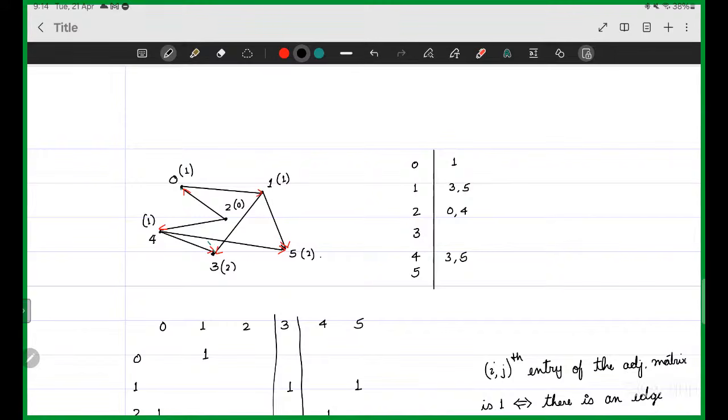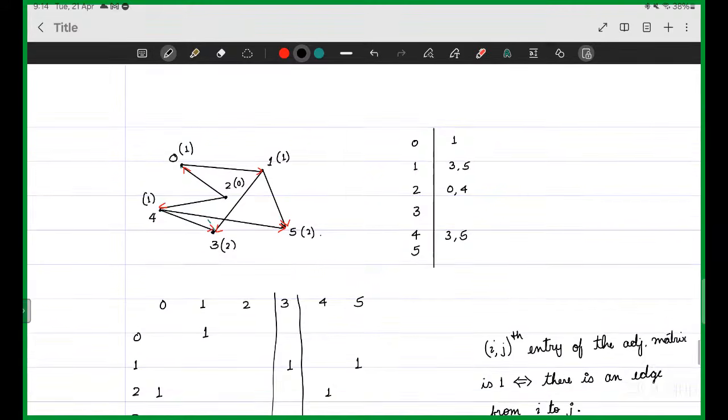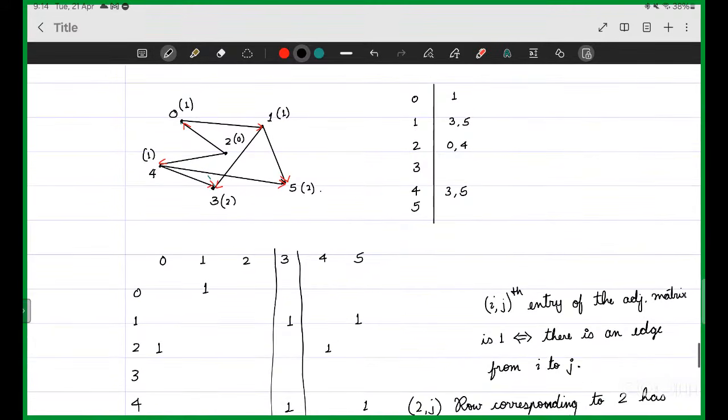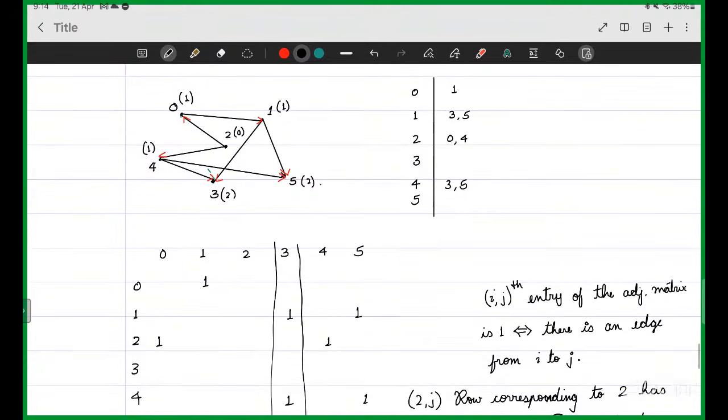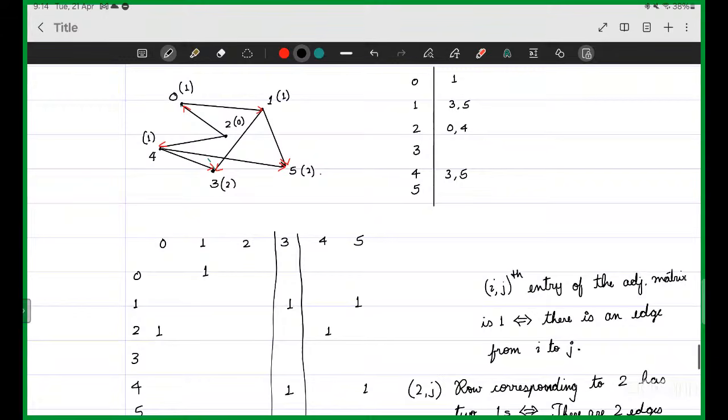Let's say 5 now. 5 appears twice. So the in degree of 5 is 2. So if you're not given the graph and you're given just the adjacency list or the adjacency matrix of the graph, you can still compute the in degree and then go on to do the topological sorting.